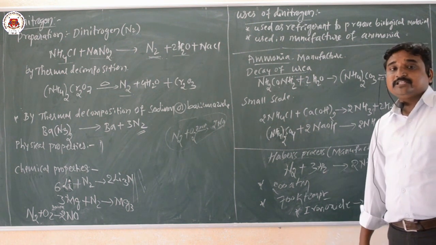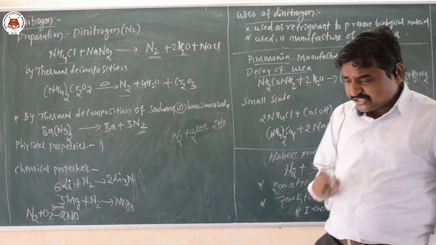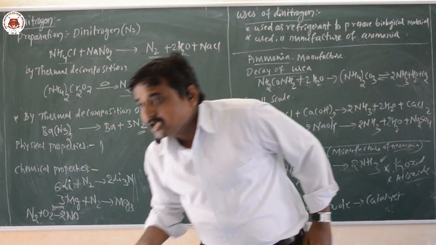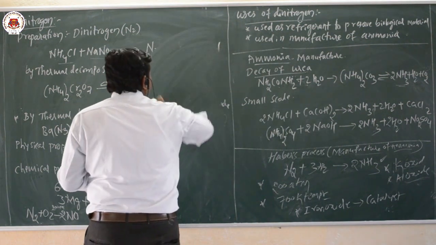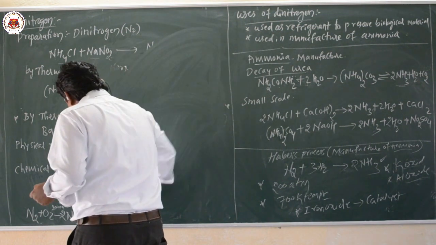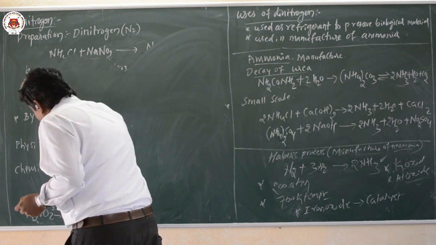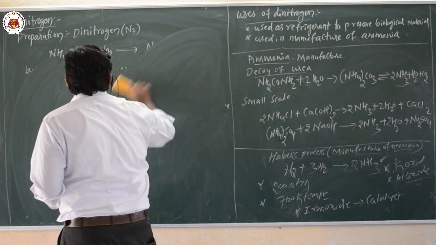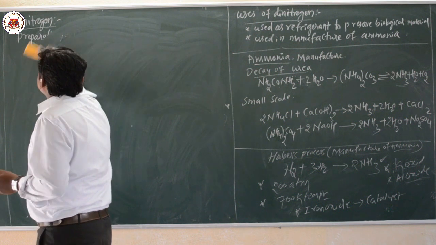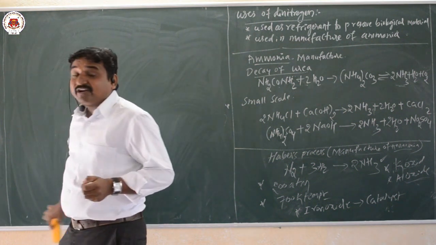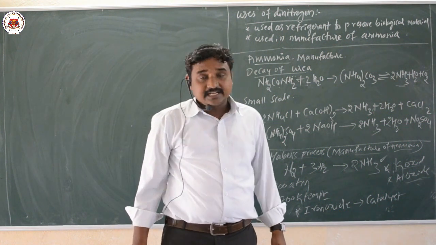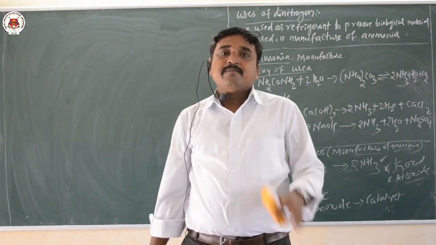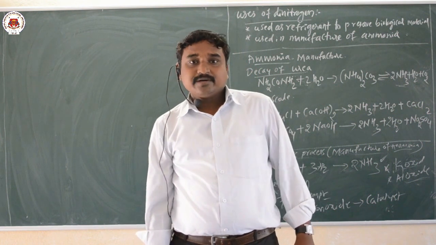According to Le Chatelier's principle, high pressure, that is 200 atmospheric pressure, and low temperature, that is 700 Kelvin, are favorable for the manufacture of ammonia. And the aluminum oxide and potassium oxide are the promoters which activate the activity of the catalyst, that is iron oxide. So this is about the manufacture of ammonia by Haber's process.